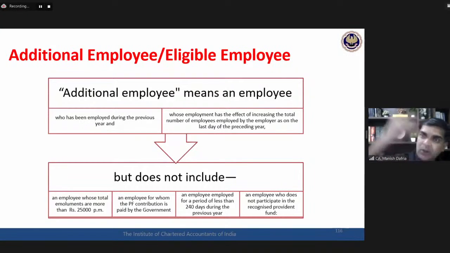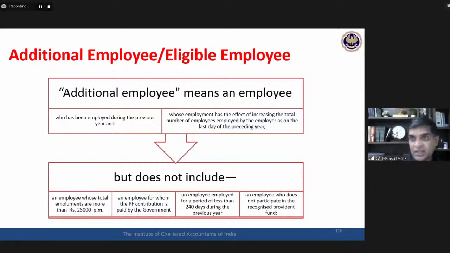Full salary is already allowed as a deduction while calculating my business income, and over and above that normal deduction, this additional deduction is being allowed to me. So it's a kind of deliberate double deduction being given by the law. Keep this in mind very clearly.